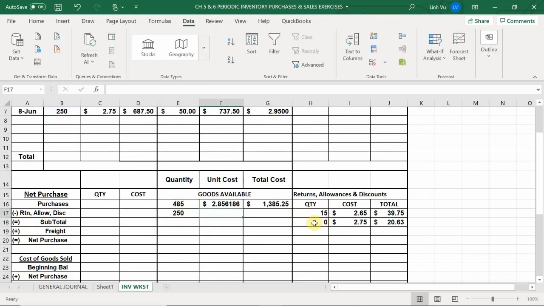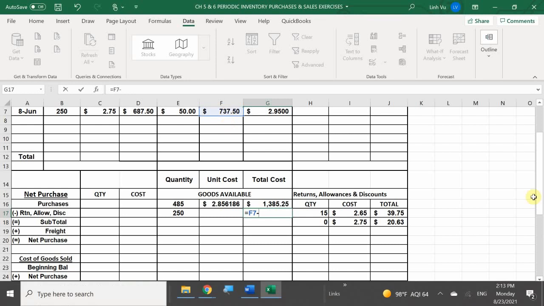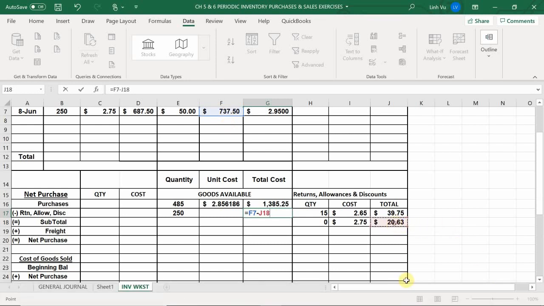So therefore I should still have 250. However, I ended up not getting a bill for the full $737.50. I ended up getting $20.63 less. So therefore, how much should be my total cost?